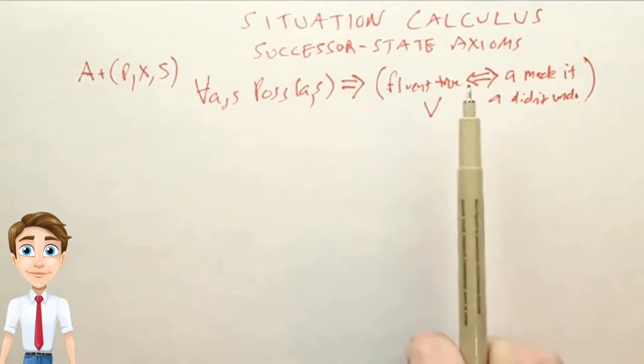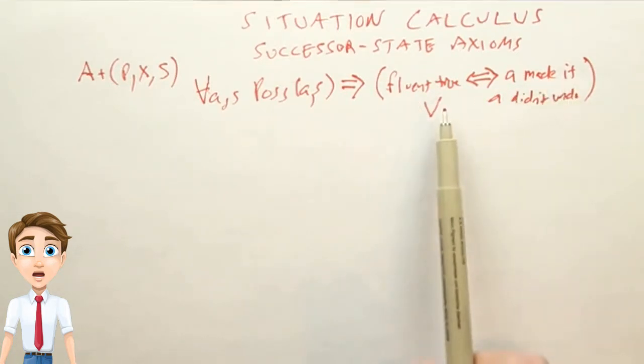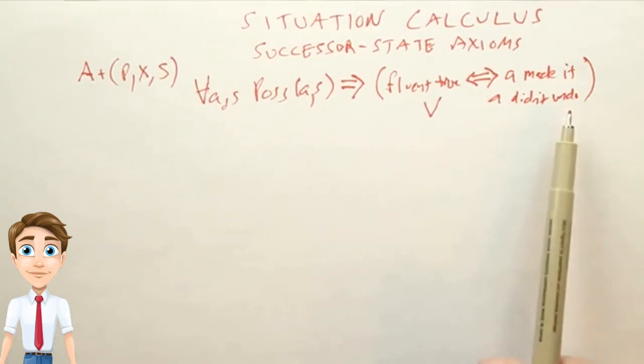So that is, either it wasn't true before and A made it be true, or it was true before and A didn't do something to stop it being true.